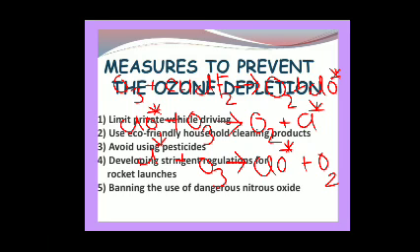It decreases photosynthesis in plants, damaging vegetation. It increases the spreading of bacterial and viral diseases due to a weakened human immune system. These are all affected by ozone layer depletion.